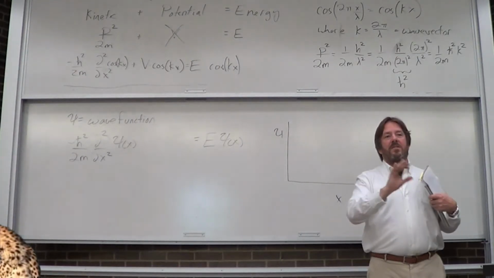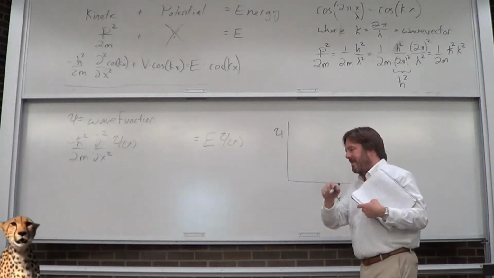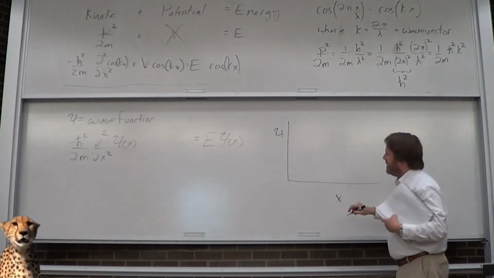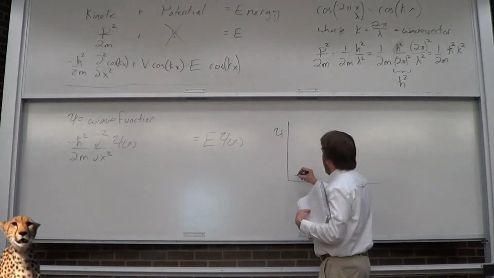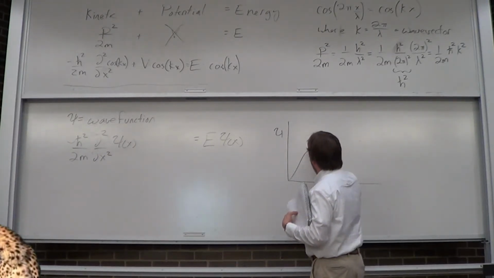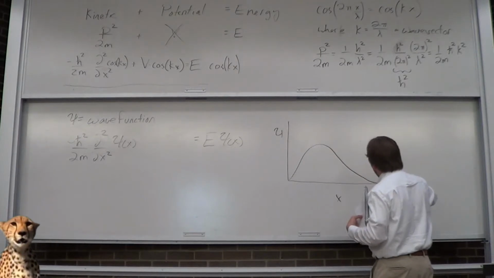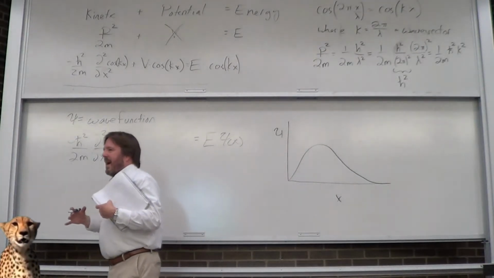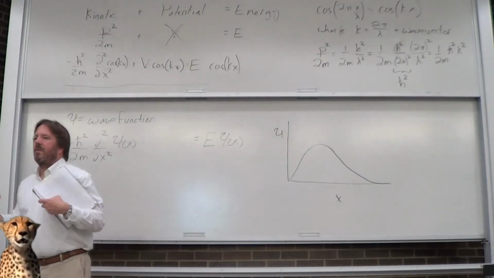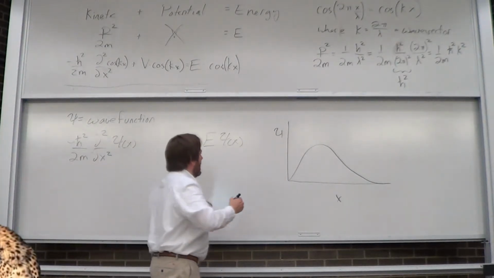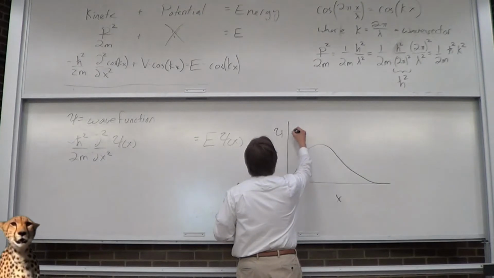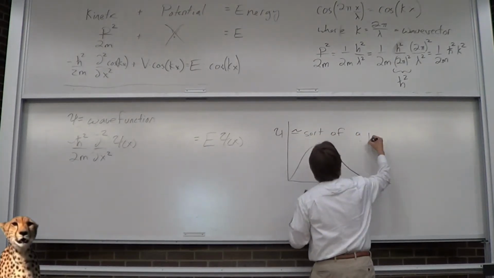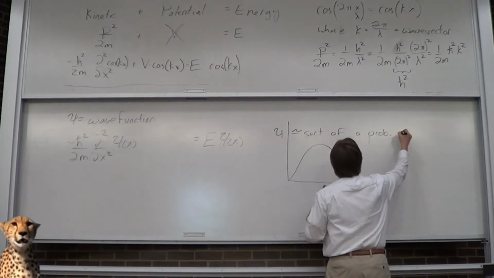And the answer is no, it does not do that for the reasons I'm about to describe. What is a wave function? Okay, let's say that this is a wave function. Why not? It turns out that the interpretation of a wave function is that it is sort of a probability distribution.